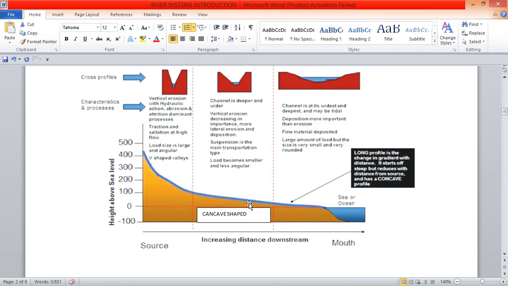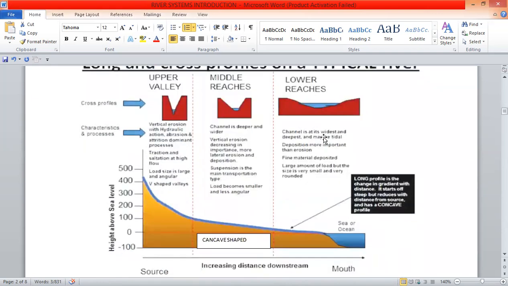And then as you come to the middle here, it's beginning to be gentle. This is the middle stage. And then we have the old stage or the lower stage at the end, the third one here, which is very gentle.